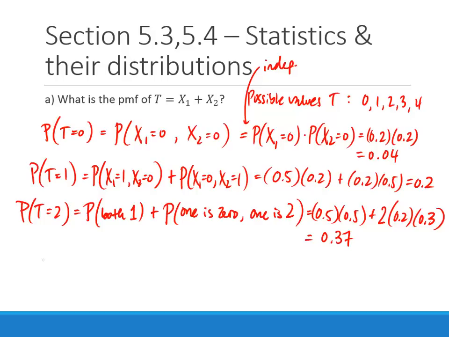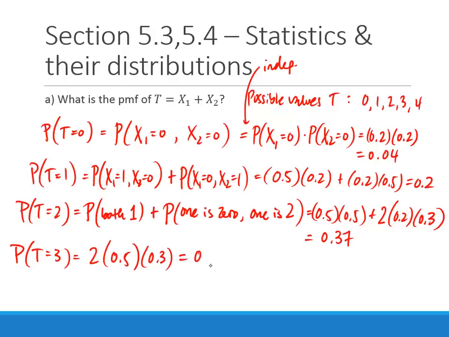Okay, the probability that the sum is 3. Well, how do I get a sum of 3 here? Yes, so I need one of them to be 2 and the other one to be 1, but again, that can happen either way. So that's 2 times 0.5 times 0.3.